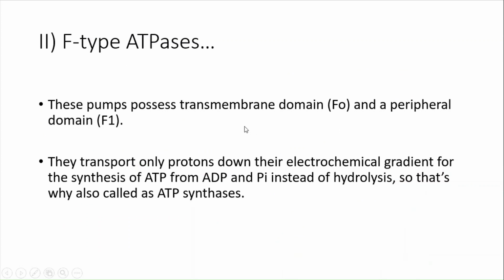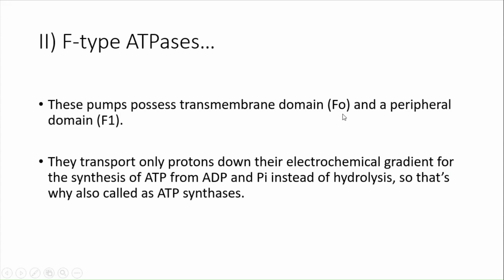These pumps possess a transmembrane domain F0 and a peripheral domain F1. This is actually F0, written as FO. So that there is no confusion between the letter O and zero, it is written this way.